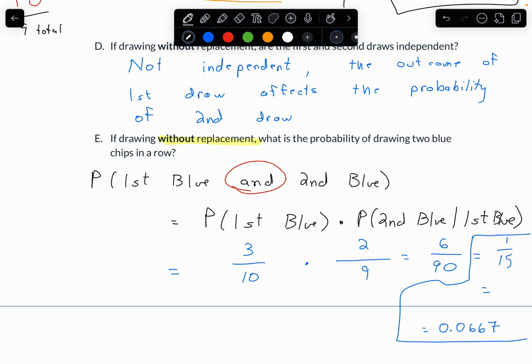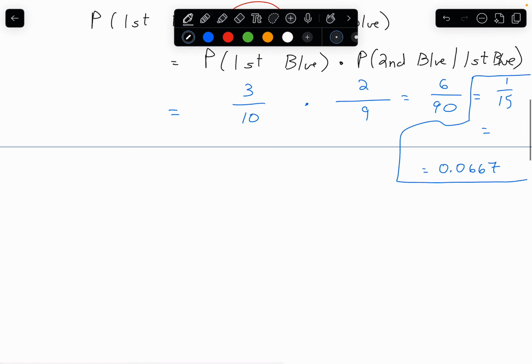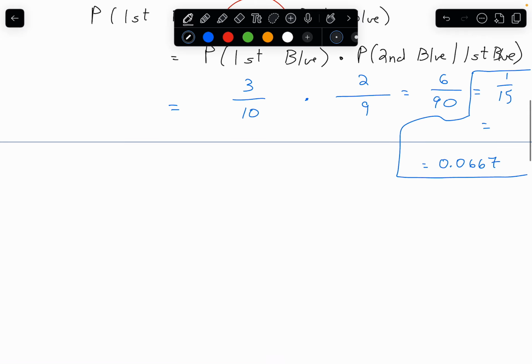On the other hand, we do have to consider mutually exclusive. When we talk about or probabilities, we know that the probability of A or B is the probability of A plus probability of B minus probability of A and B.